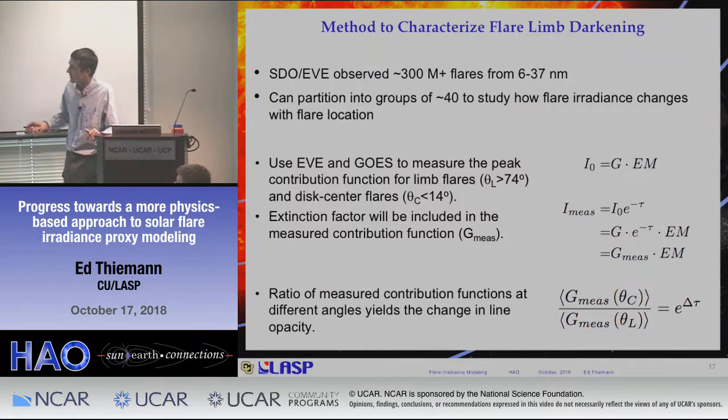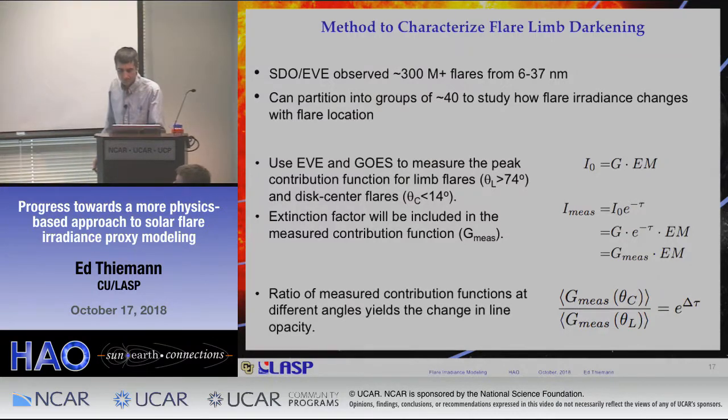We can take a group of flares located at some angle theta c off disk center and find this measured contribution function. And we can take another group of flares located at some position theta L off disk center and find another measured contribution function. If we take the ratio of those two, everything divides out except this term here that's related to the difference of the opacities for the two different geometries.